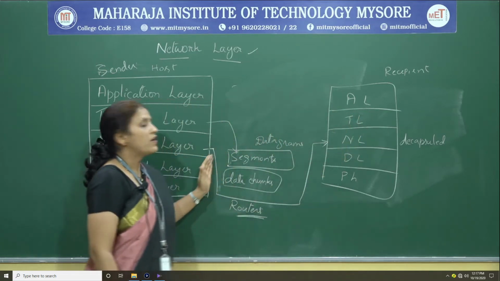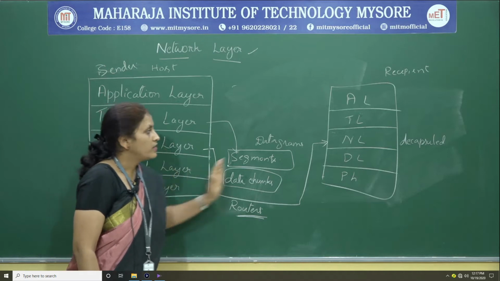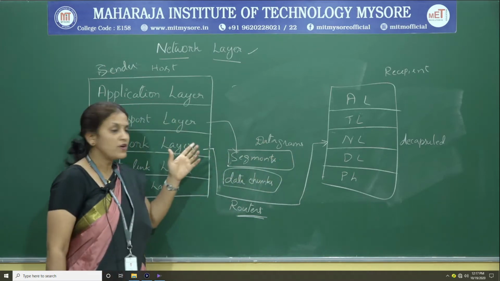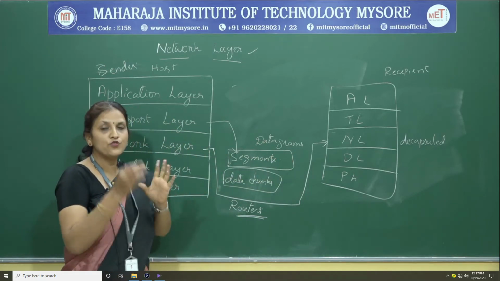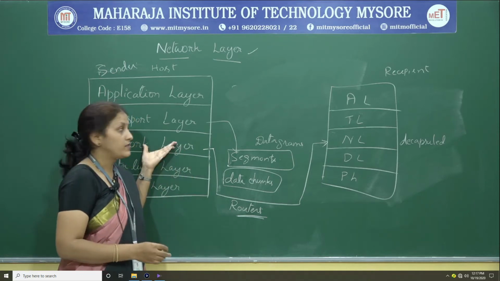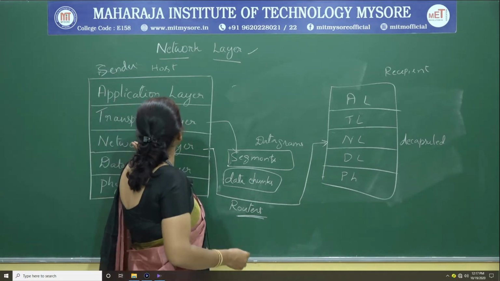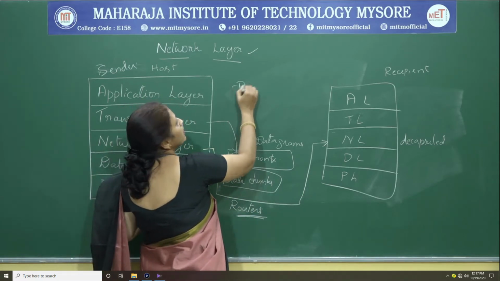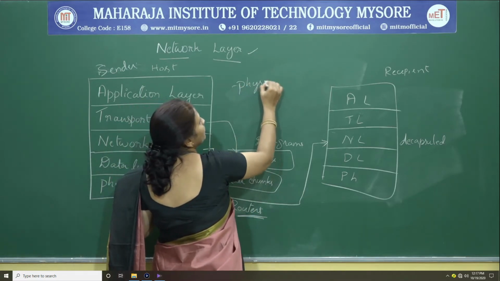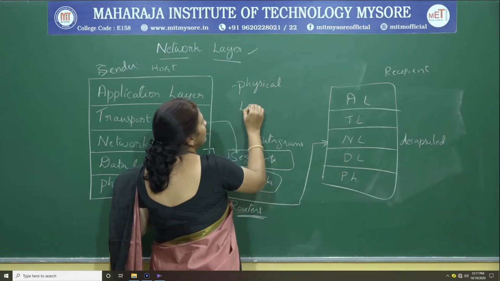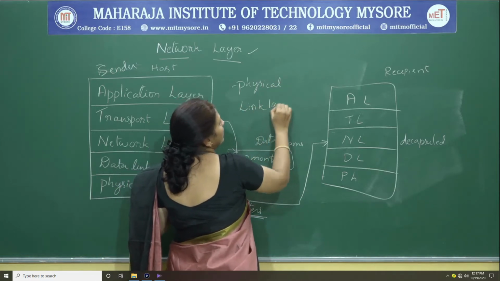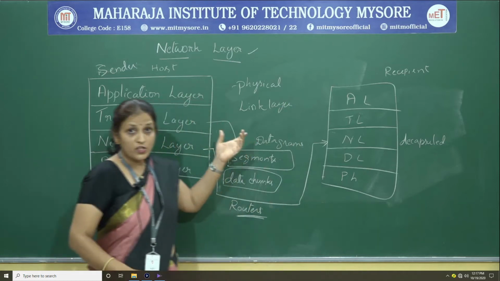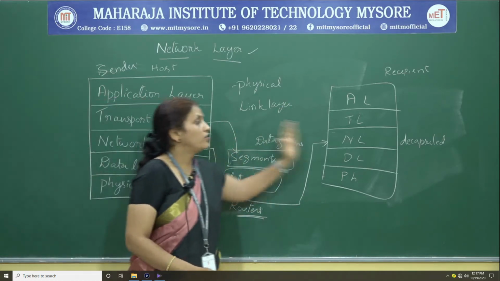So, what is the functionality of network layer in this process? We have already seen one functionality, that is encapsulating a few more information. Along with that, what else does the network layer do? It also does a few things which are related to the physical layer and the link layer, while forwarding it from here to here.